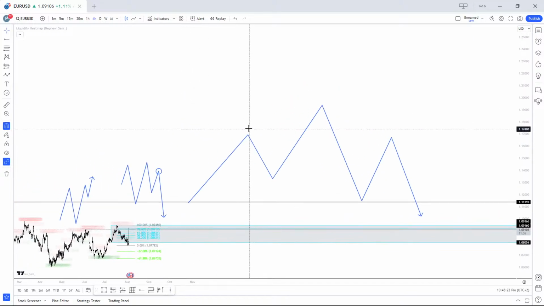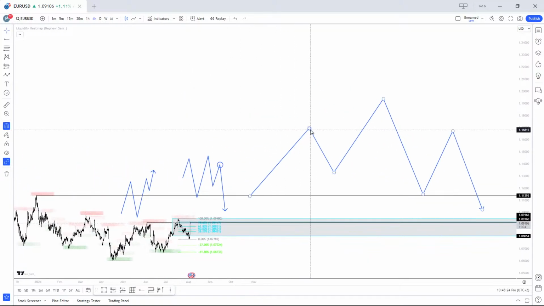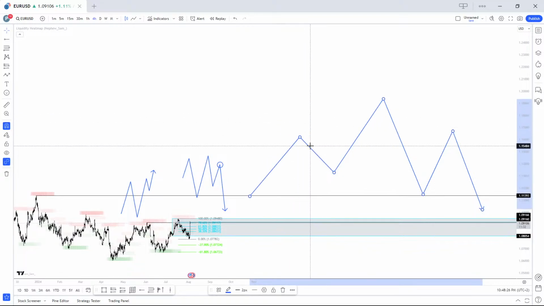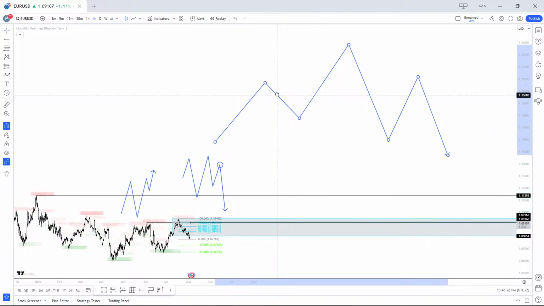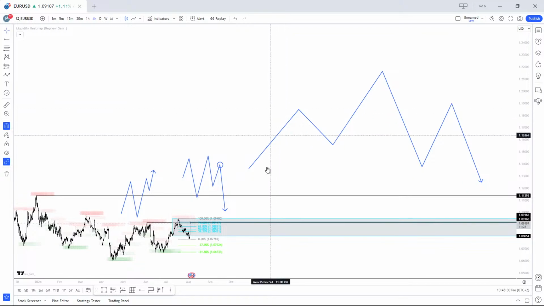But you'll get the point of what I'm trying to say right here, because I'm not trying to confuse anyone here. But basically, order block inside of the order block. When price creates a, how do you even call this thing?